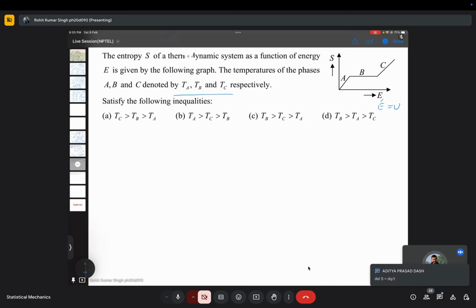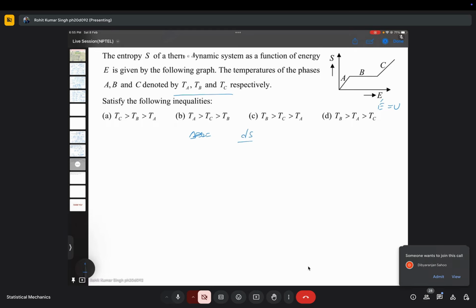Someone wrote we can use del S is equal to del Q over T, but we don't know del Q. It's okay.